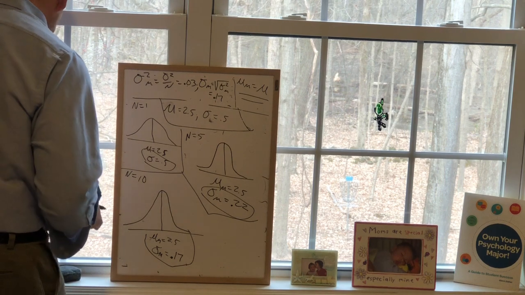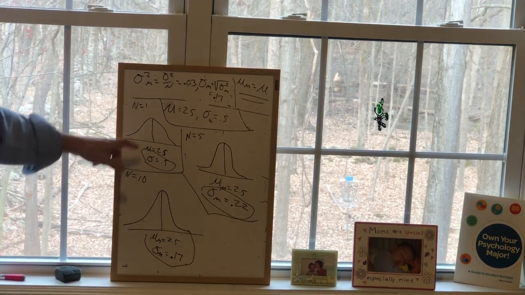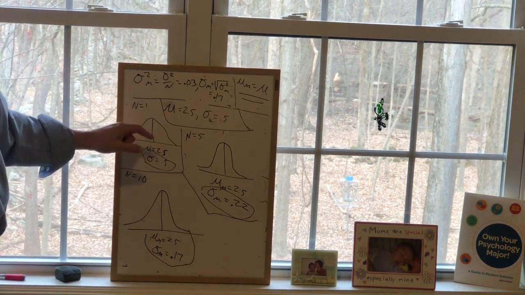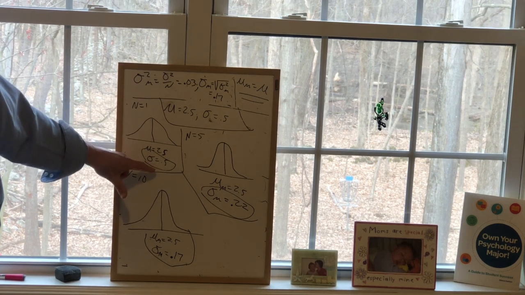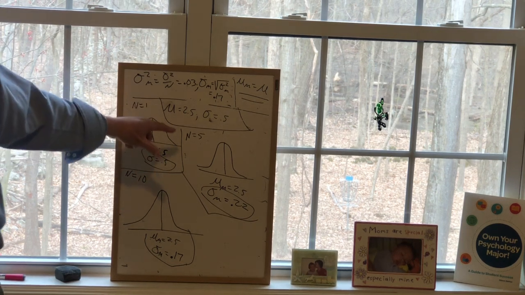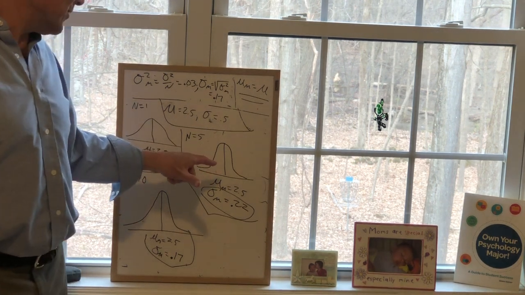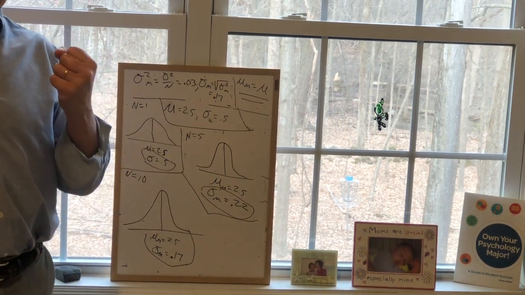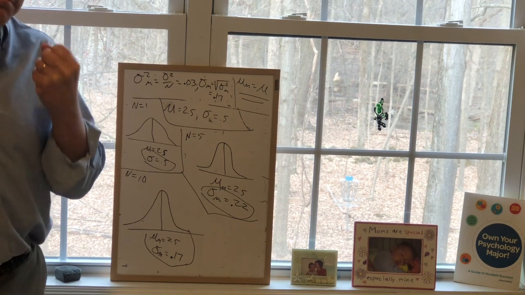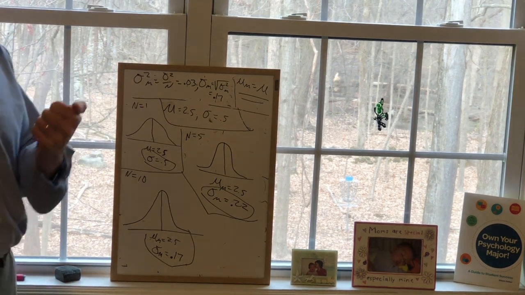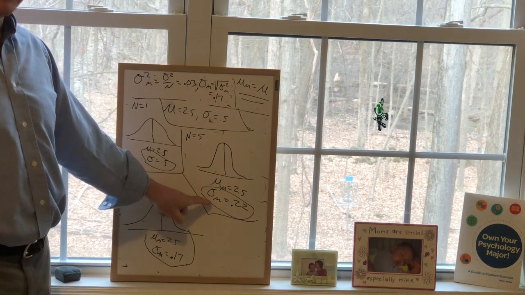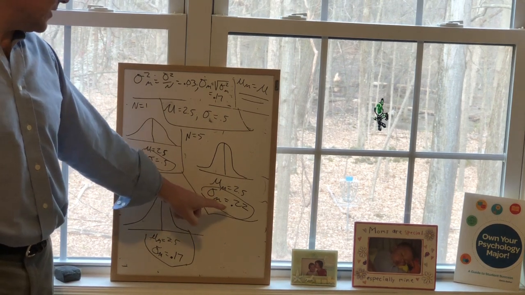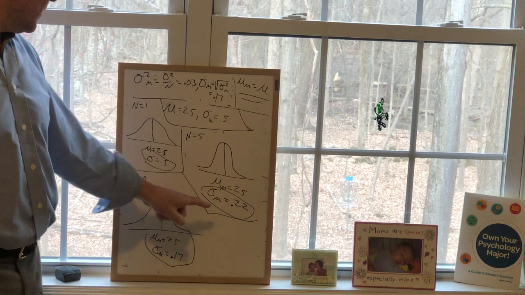Okay, so let's take a look at it. If n equals 1, if it's a distribution of individual scores, the standard deviation is 0.5. If n equals 5, and the distribution is not individual scores, but a distribution of means based on random selections of 5 at a time, now our standard deviation, sigma sub m in this case, is 0.22.